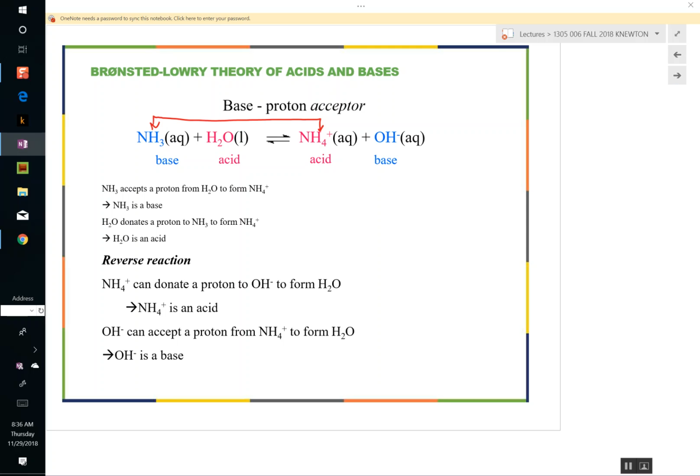You have all of those things in the water. You have water in the water. You have ammonia molecules in the water. You have ammonium ions in the water and hydroxide ions. So all of those four things can shift back and forth in an equilibrium, in a balanced way.